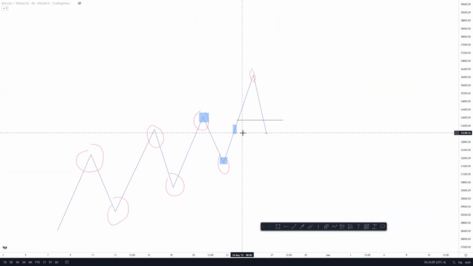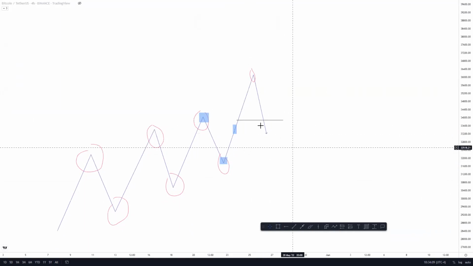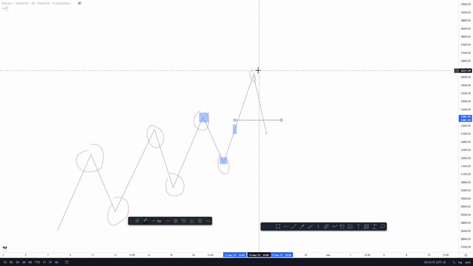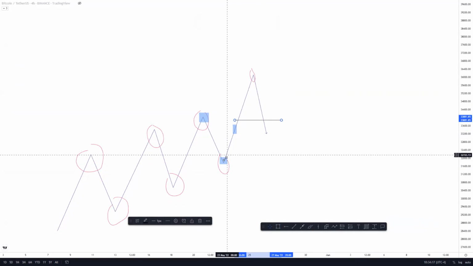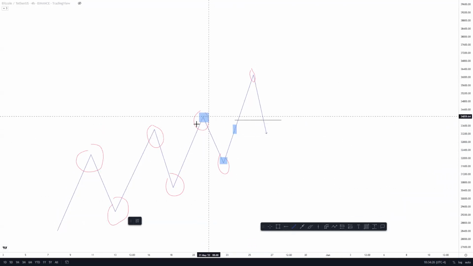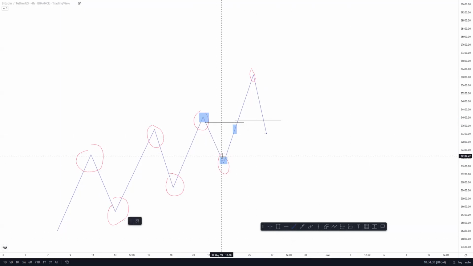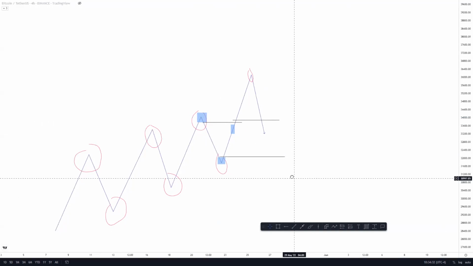I will be looking for price to trade inside the 50% of the level, and I will choose one point of interest around the breaker area. So you see this point of interest is around the breaker area, and this point of interest is your order block.